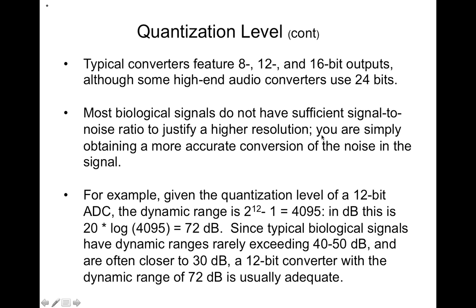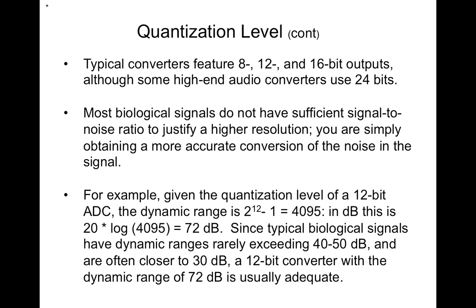that whole idea of significant digits. Typical converters usually use an 8, 12, or 16-bit output. Some very high-end converters will use 24 bits. Most biological signals don't have a sufficient signal-to-noise ratio to really justify a higher resolution. If you go with greater than a 16-bit converter, you're really just quantizing the noise and characterizing the noise, so there's not a lot of reason to do that.